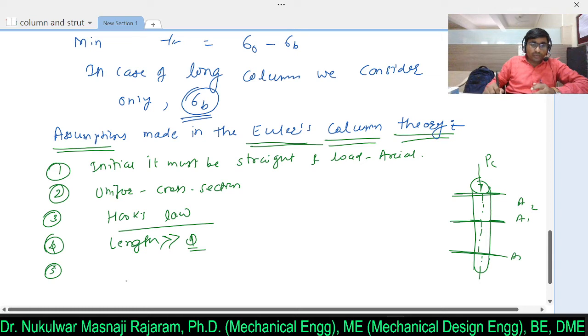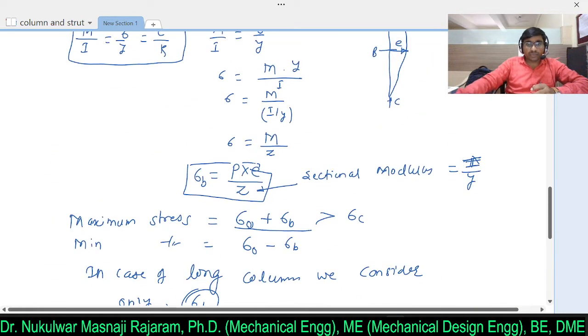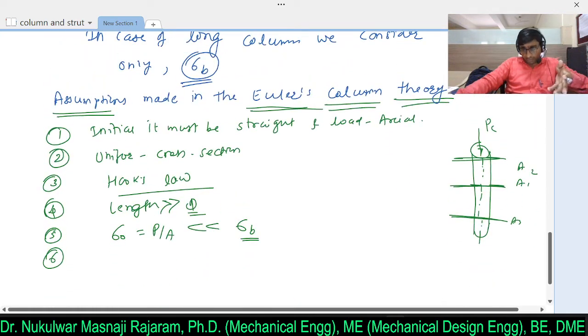Fifth assumption is the direct stresses are very small compared to bending. Whatever the direct stresses are, that is P by A, these are very much less than the buckling or bending stress. So we consider only these bending stresses as we discussed over here. Clear? So maximum stress will be equal to direct plus bending, but the direct part is very small. Why?